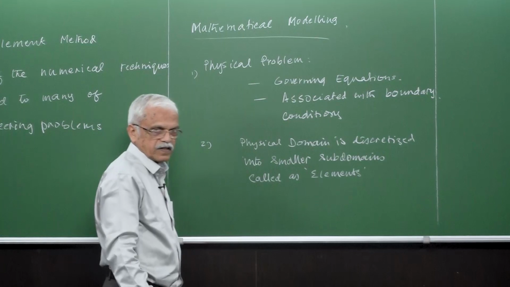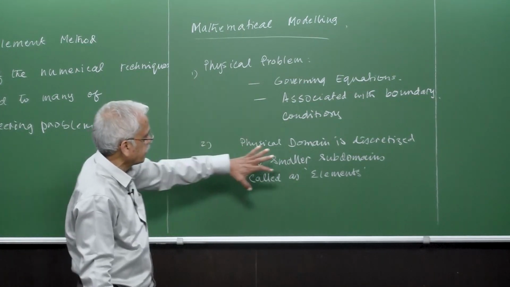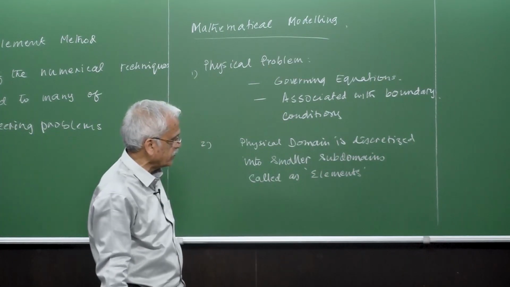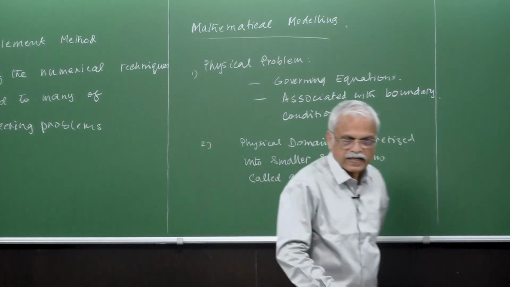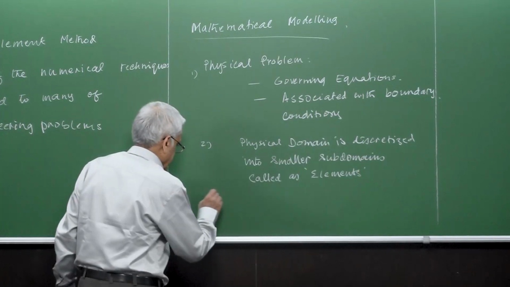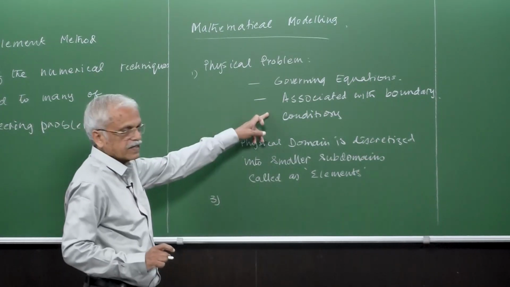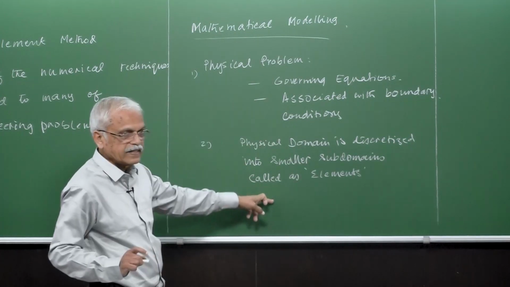So this is going from the big physical domain to subdomains called elements. This is a very important part, and this is where computer graphics comes into the picture. The third step is that the governing equations have to be written in terms of the elements.